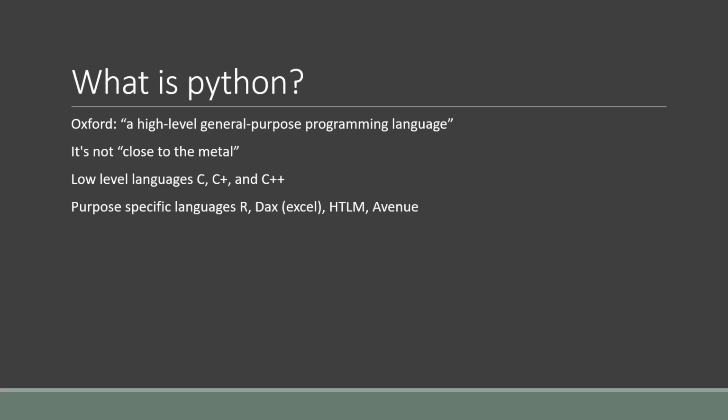There are many programming languages out there that are close to the metal, where you individually assign specific parts of memory to different things and actively manage that, and you really have a fine level of control that involves a lot of code. Whereas Python is a much more generalized, higher level language, so you don't have to put in nearly as many lines of code to get something done.